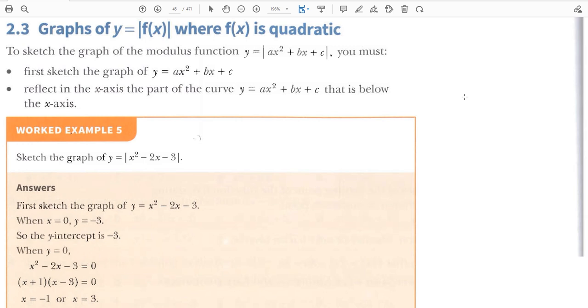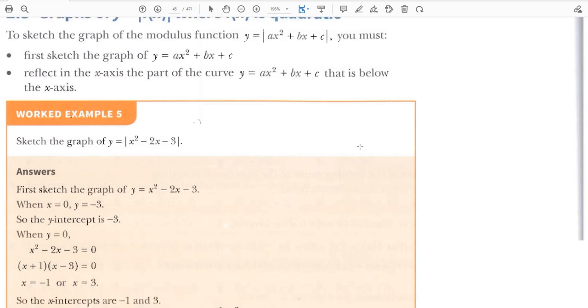Number one, first sketch the graph of y equals ax squared plus bx plus c. Then reflect in the x-axis the part of the curve y equals ax squared plus bx plus c that is below the x-axis. Now first we have to see worked example 5, then we will start exercise 2.3.